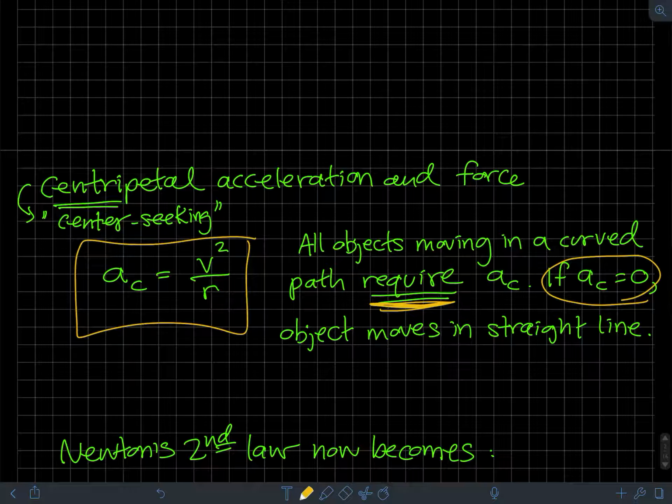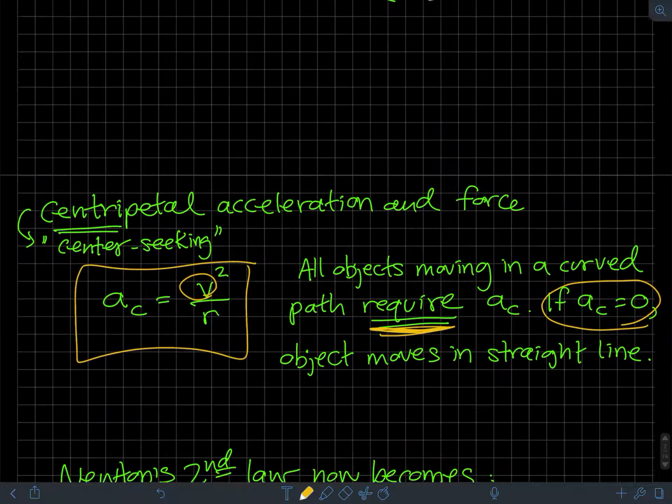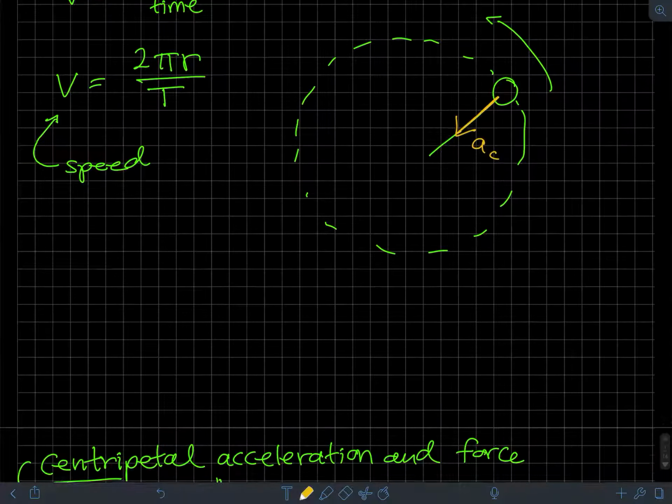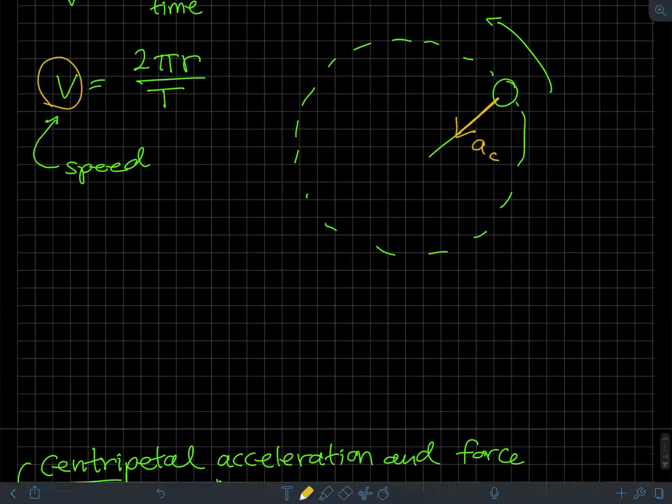But it's that acceleration that changes the velocity so that we don't keep going in the same direction all the time. This v is the same speed that we were talking about earlier up here. It can be written in these two different ways.